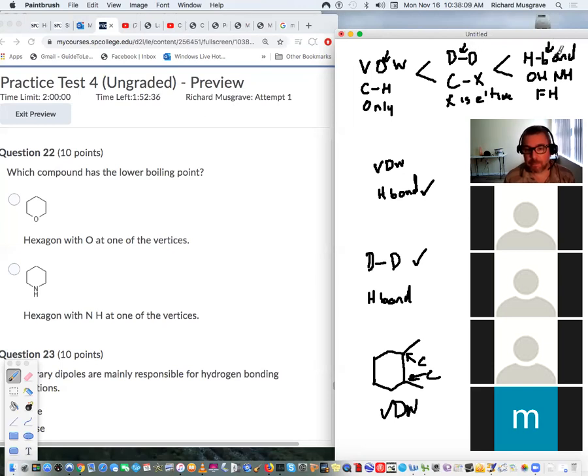The greater than or less than signs we've got here explain the magnitude of those forces relative to each other. And it's the same thing for boiling point. So van der Waals is the weakest of all the forces, so those are the ones that have the lowest boiling point.